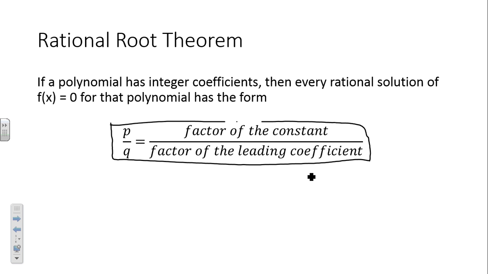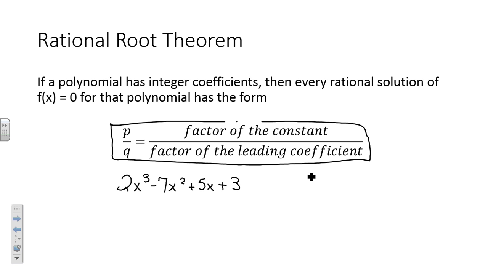So if we have integer coefficients, then every rational solution to this polynomial is going to have factors of the constant over factors of the leading coefficient. So, as an example, if I had 2x cubed minus 7x squared plus 5x plus 3, that's a polynomial in standard form, right?